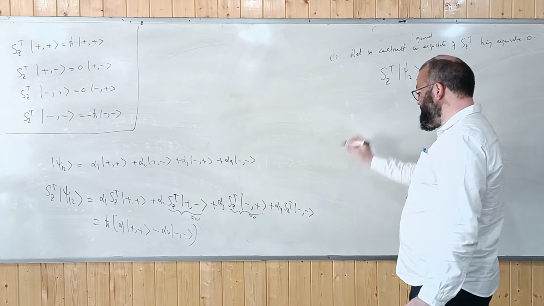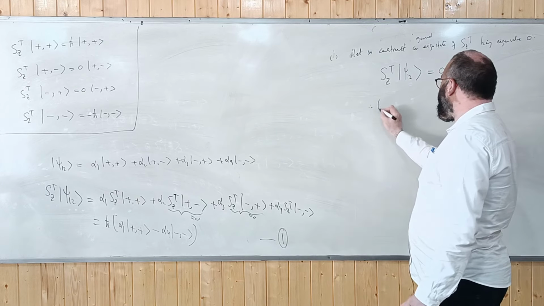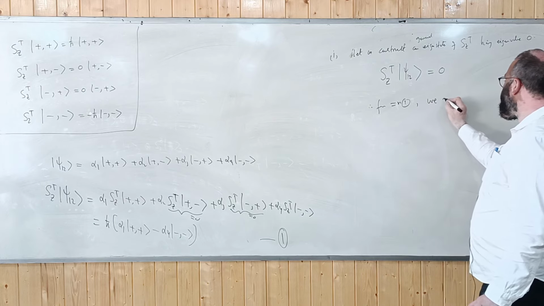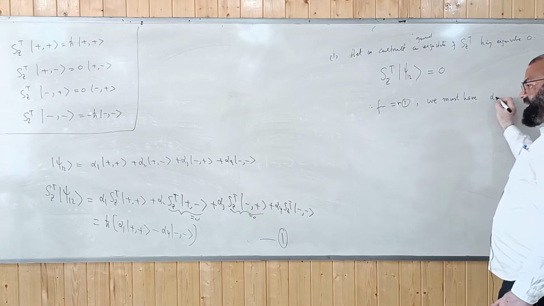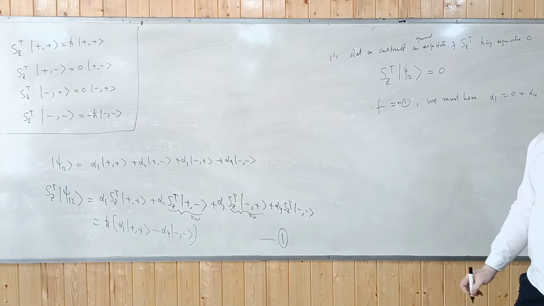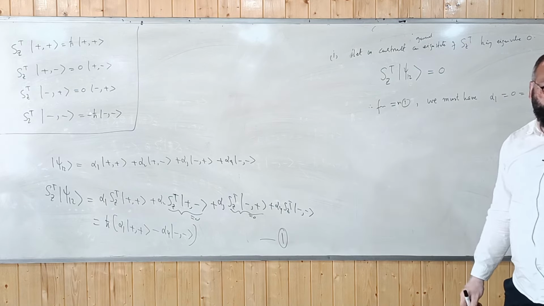So let's call this the first term. Therefore from the first equation, we must have alpha 1 equal to 0 equal to alpha 4. Clear? So then I can have SZ acting on this thing equal to 0.